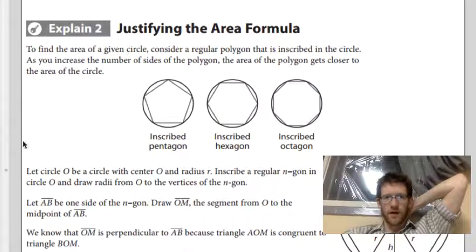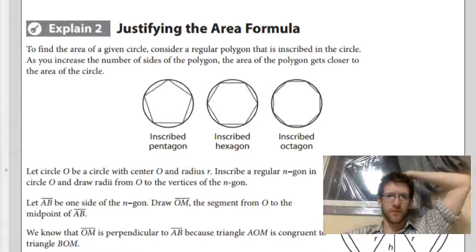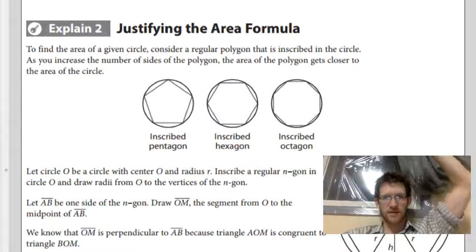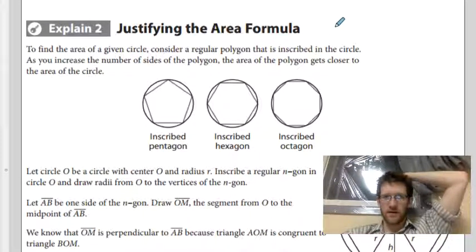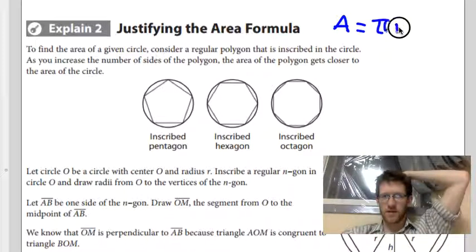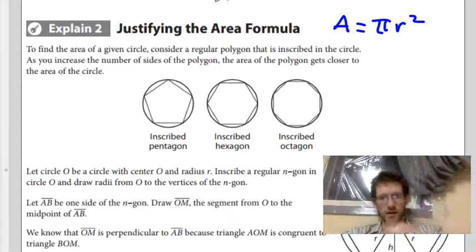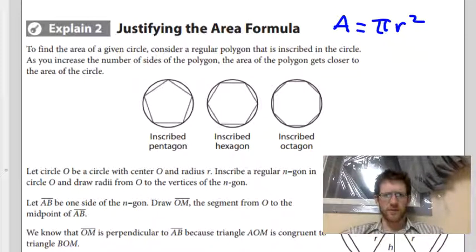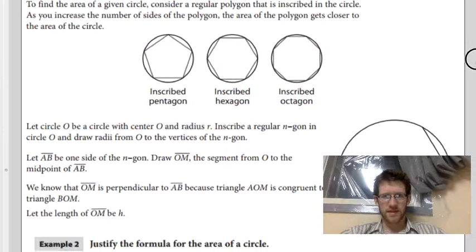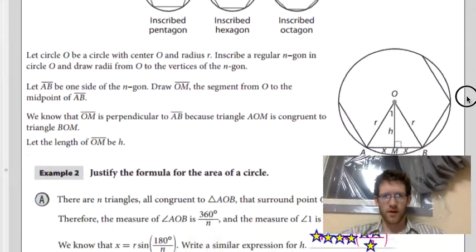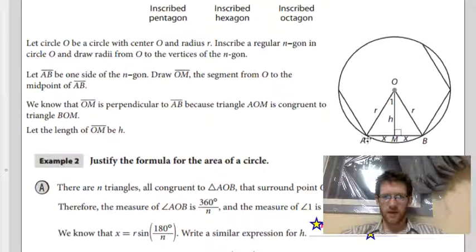Okay. The other one we're going to do is the area formula. Again, we know the answer to this. We know that the area we're going to get at the end is equal to pi times r squared. But we're going to derive it. It's actually a little bit simpler in some ways. So we're going to do the same thing. We're going to get more and more polygons here. We have our setup AOB.